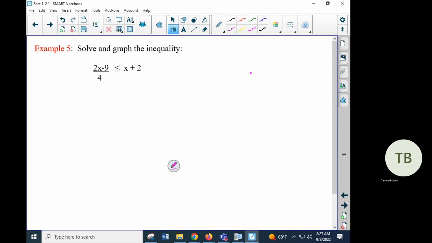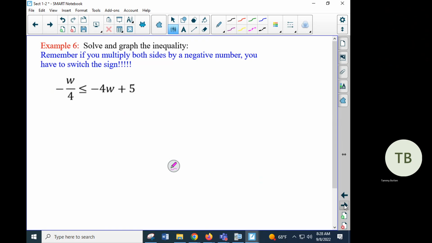Now, if we look at this one, we would have to multiply both sides by 4. You guys feel okay about that? Do you feel like you need to see one like this? Okay, let's skip this one and go to this one.